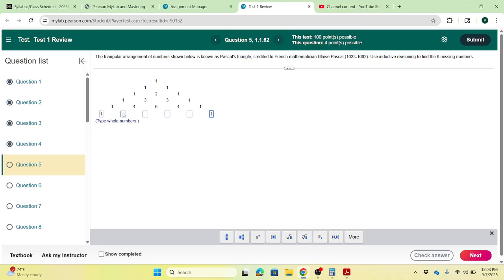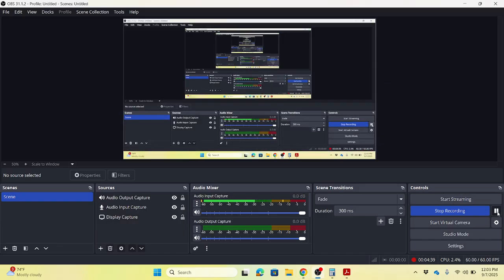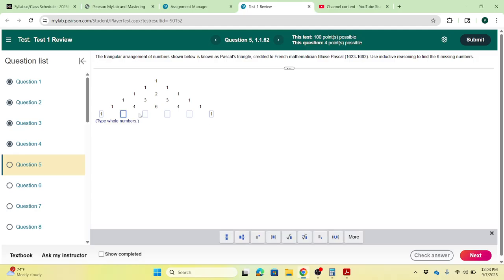The first digit and last digit is always 1, and to get the other digits you just have to look at the above row and add, like 4 plus 1 is 5. The next one is 4 plus 6, which is 10. Next one is 6 plus 4, again 10. Next one is 4 plus 1, 5.